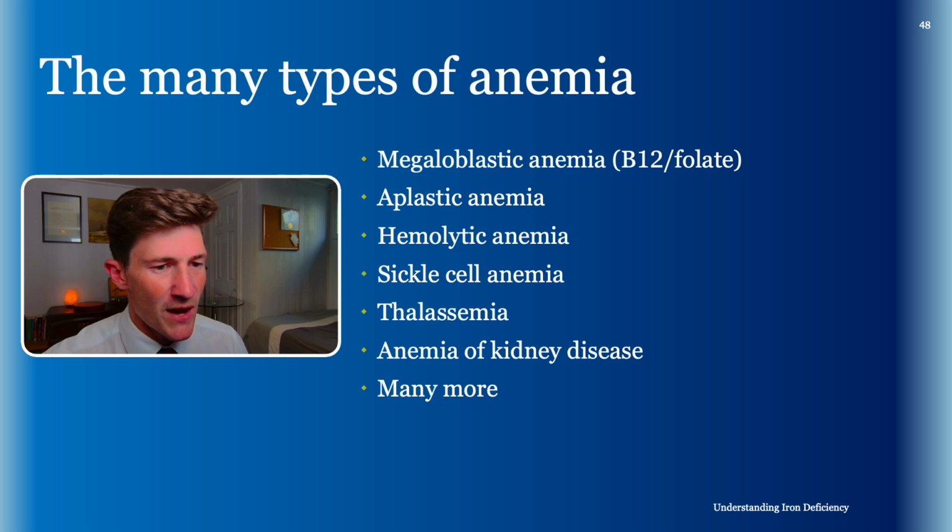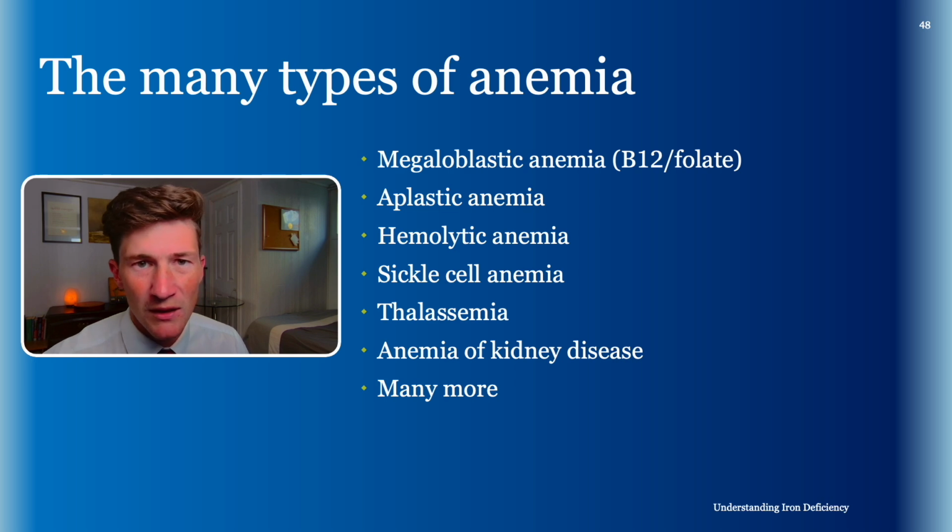Thalassemia is a genetic condition that impairs the production of the alpha and beta chains on the hemoglobin molecule. Basically, you end up with pale, small, fragile, and irregularly shaped red blood cells. Anemia of kidney disease: if you have kidney disease, then your kidneys aren't functioning as well.